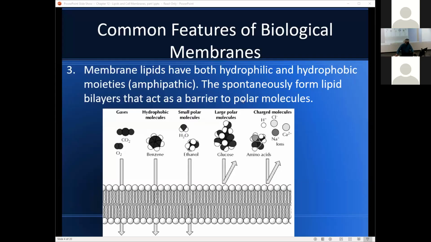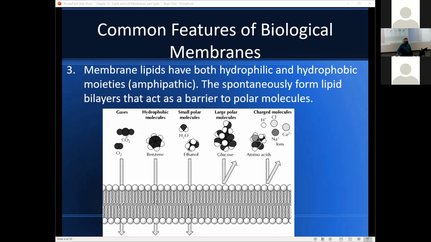Before I go on to the next slide, let's talk about the selective permeability of phospholipids. Molecules that are small, nonpolar, and uncharged are able to diffuse across phospholipid bilayers directly and easily.